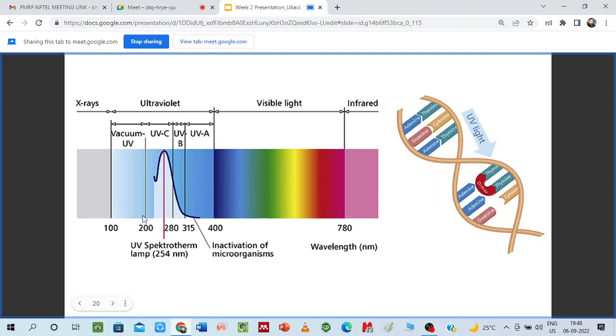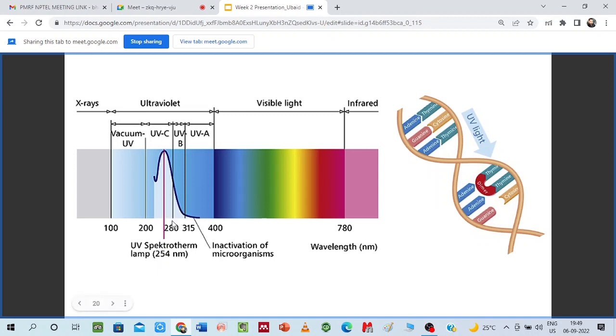And from 200 to 280 is UVC, 280 to 315 is UVB, and 315 to 400 is UVA. UVC has a lower wavelength as compared to other UV lights, and because of the lower wavelength, it has high energy, as you know the correlation.